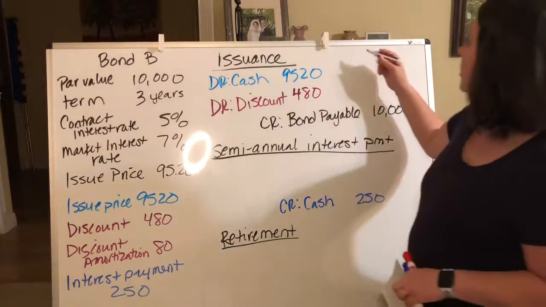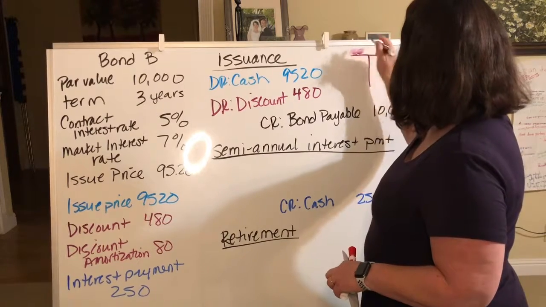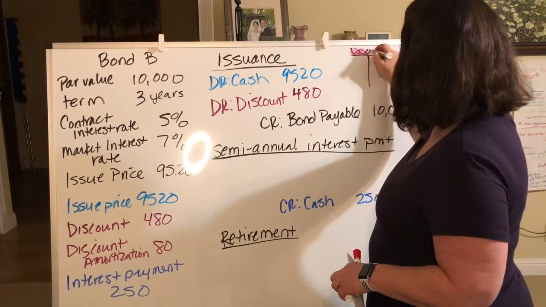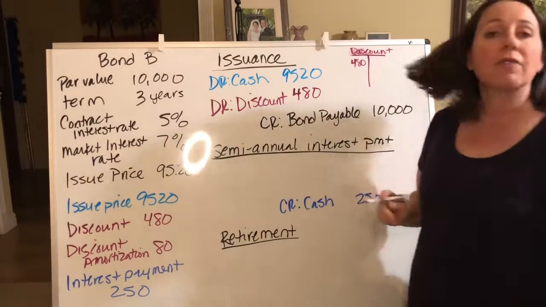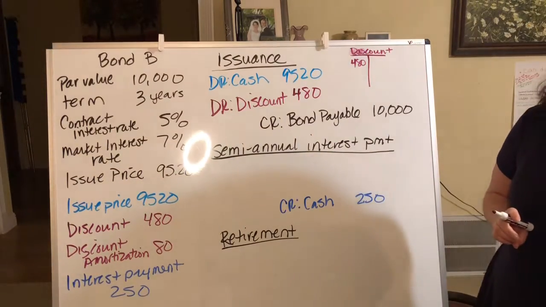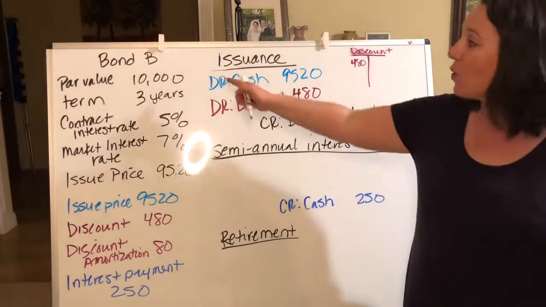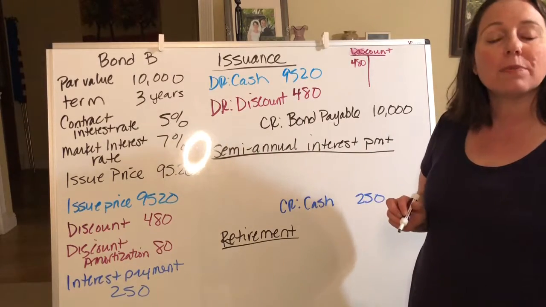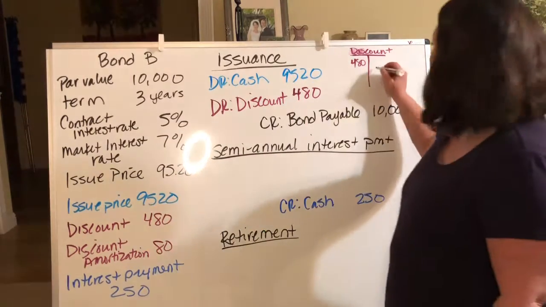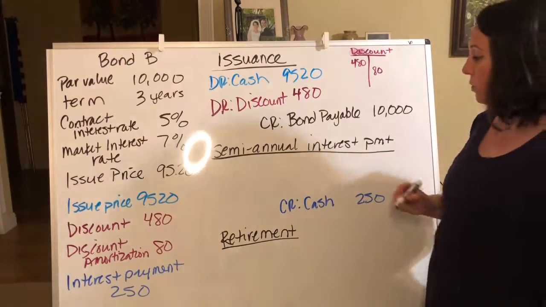If you can imagine, I'll do a quick T account. I've got $480 in my discount T account. By the time I go to pay off this bond in 3 years, I want that to be 0. So every 6 months, I'm going to credit my discount for $80. So that's what I'm going to do here.